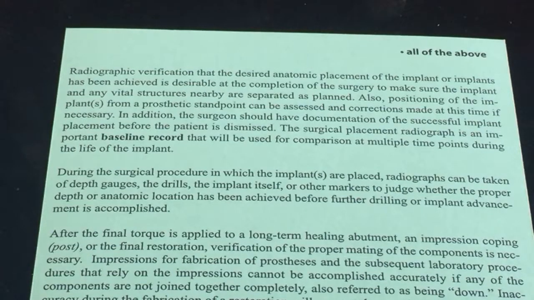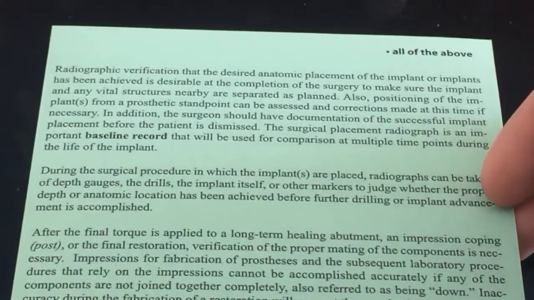Impressions for fabrication of prostheses and the subsequent laboratory procedures that rely on the impressions cannot be accomplished accurately if any of the components are not joined together completely, also referred to as being down. Inaccuracy during the fabrication of a restoration will prevent the prosthesis from fitting passively to all the implants involved. This non-passive fit can lead to implant failures.